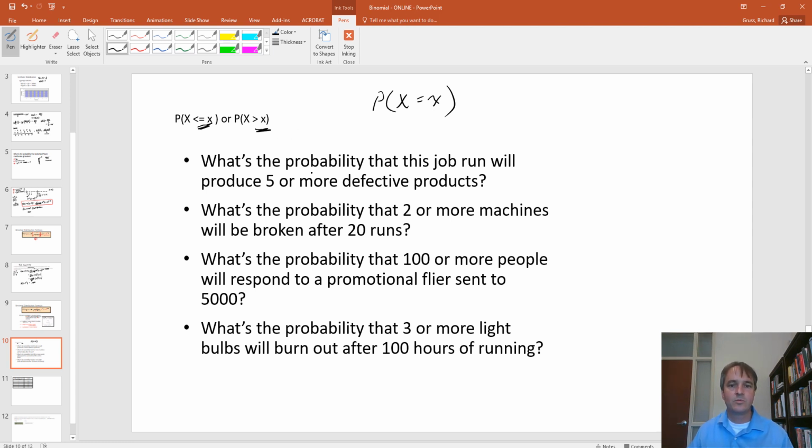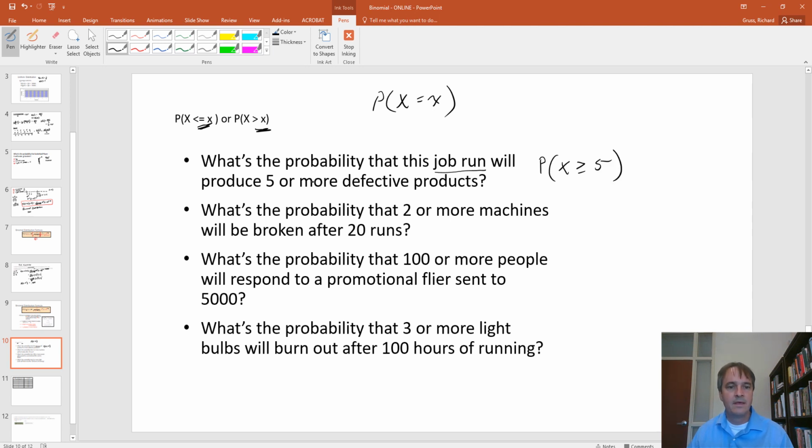So here's some business cases. So say, what's the probability that this job run, so this will be some kind of manufacturing, will produce 5 or more defective products? So this is going to be the probability that x is going to be greater than or equal to 5.